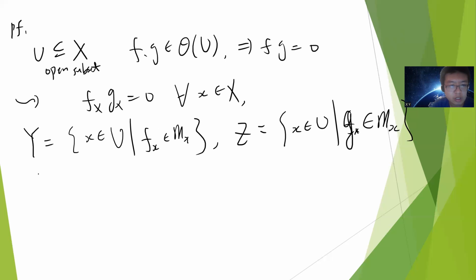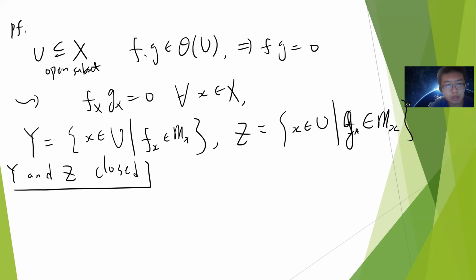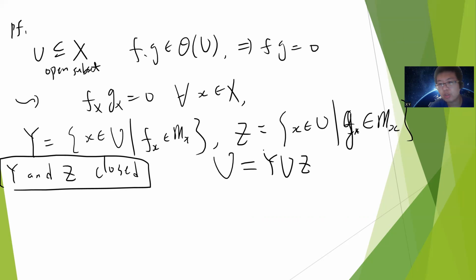So by the previous fact, Y and Z are closed, because by our lemma, the complements of Y and Z are open. And obviously U should be equal to Y union Z, because every x belongs to one of them.